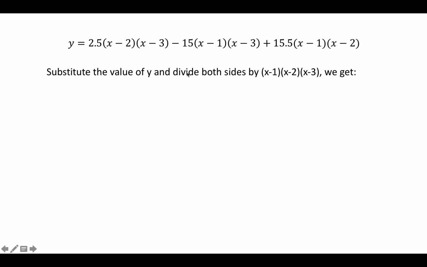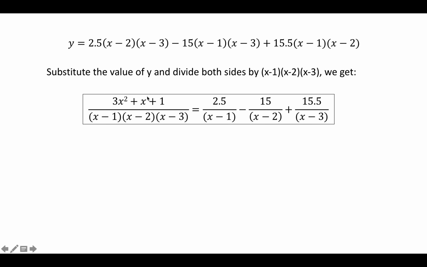Okay. Now substitute the value of y on the left hand side, 3x squared plus x plus 1, and divide both sides by (x minus 1)(x minus 2)(x minus 3). If we divide the whole right hand side by this, two terms will cancel out from each term.